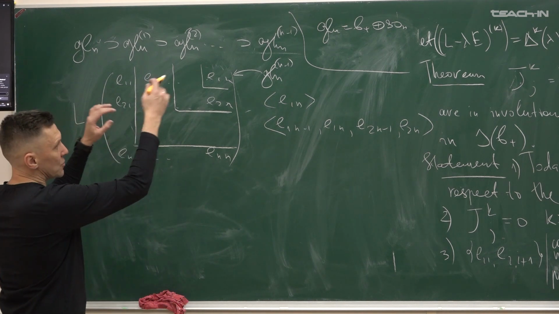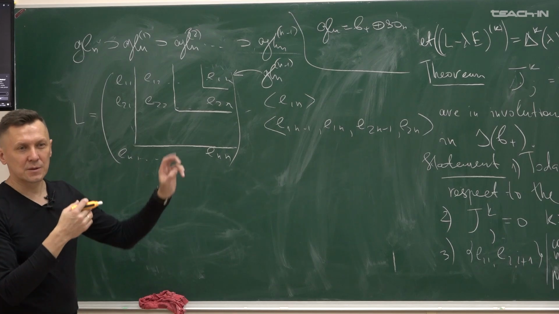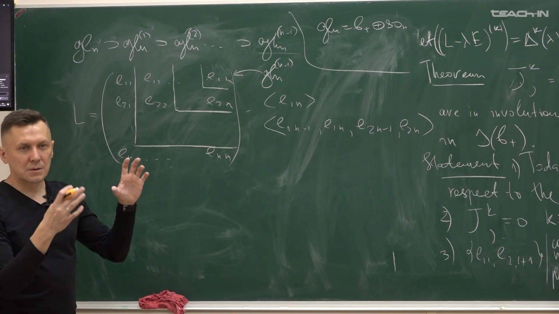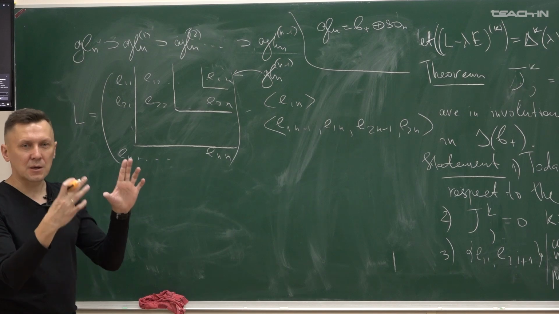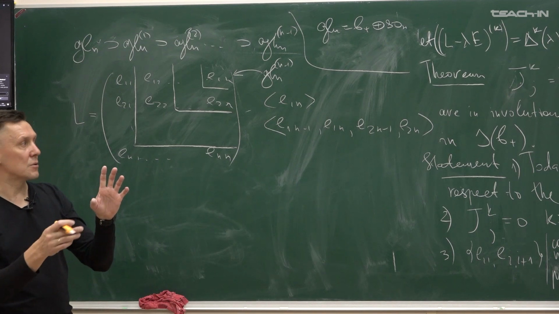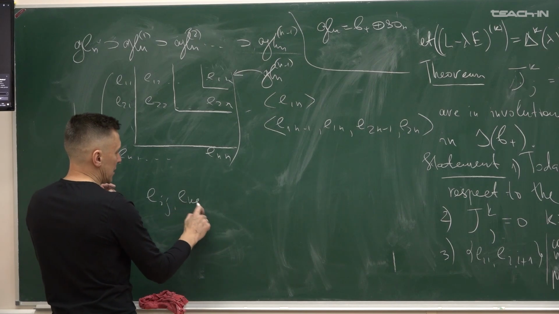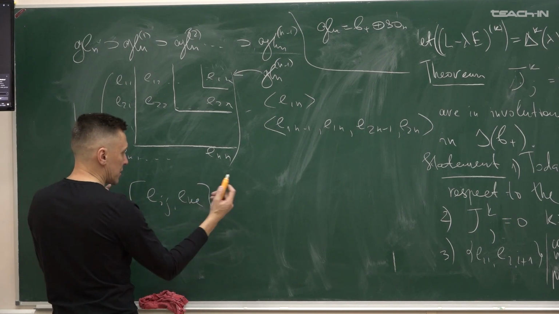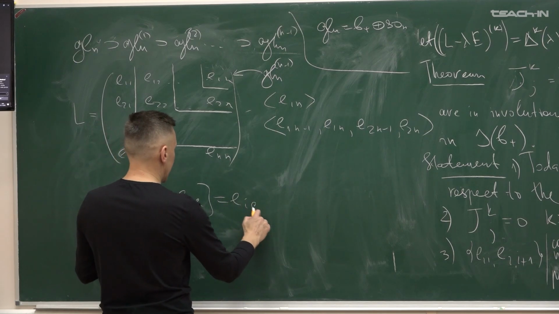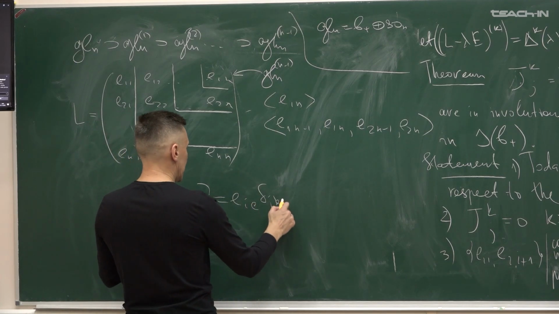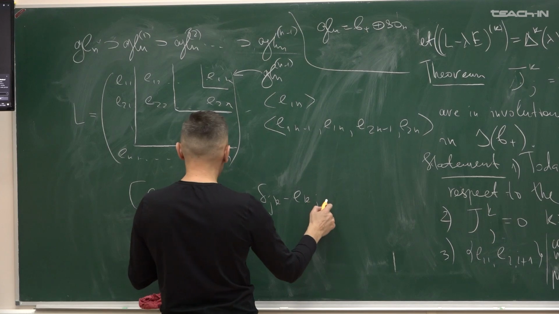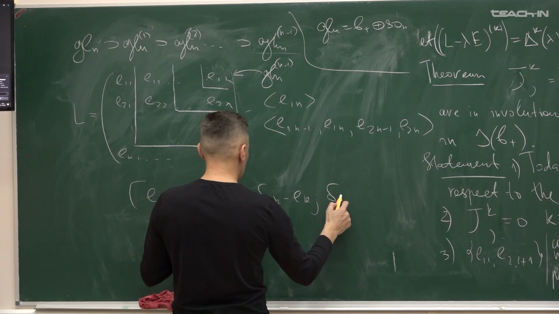In fact, if you choose some rectangle in this matrix, the generators in the rectangle are closed, because you calculate just the commutator in the Lie algebra, [E_ij, E_kl] = E_il delta_jk minus E_kj delta_il.